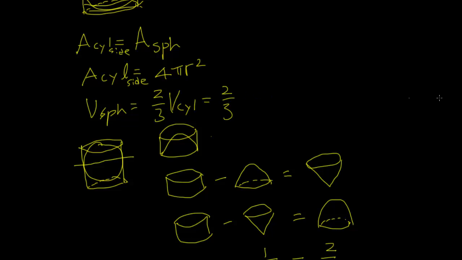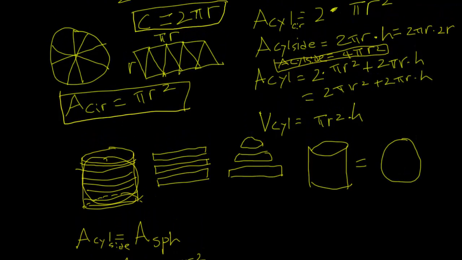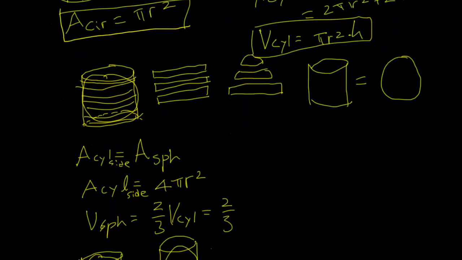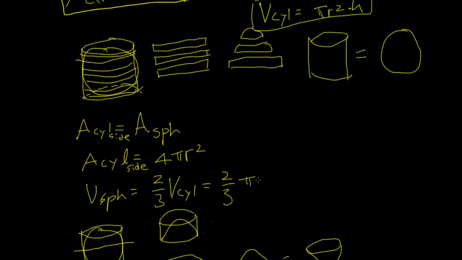So we said the volume of a cylinder was pi r squared times height. And if we say the height of the cylinder is h, then h is equal to 2r because the sphere has radius r, like so.